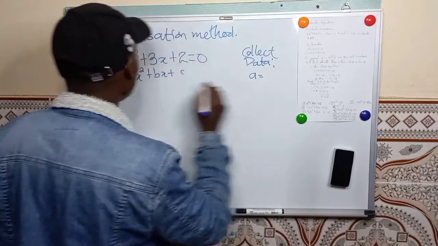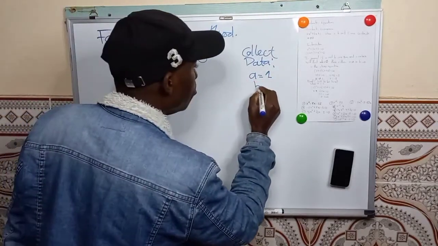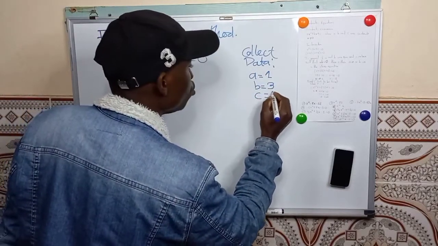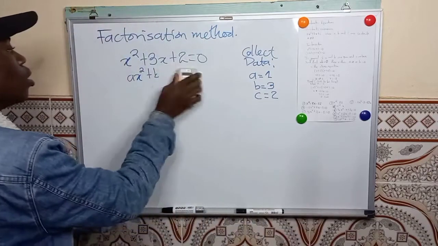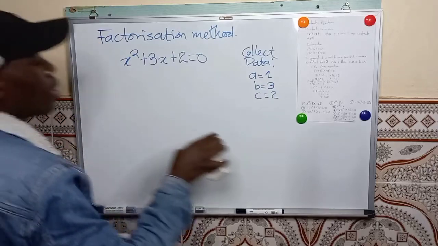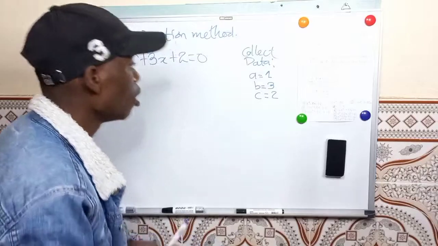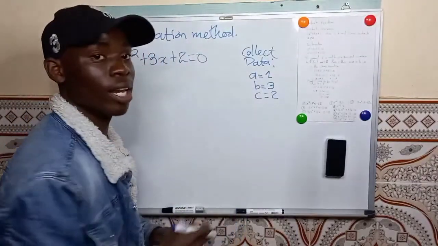Our a is equal to 1, the coefficient of x squared, our b is equal to 3, and our c is equal to 2. Now, using the factorization method, you have to find two numbers that if you multiply, they'll give you the value of a times c, and if you add, they'll give you the value of b.